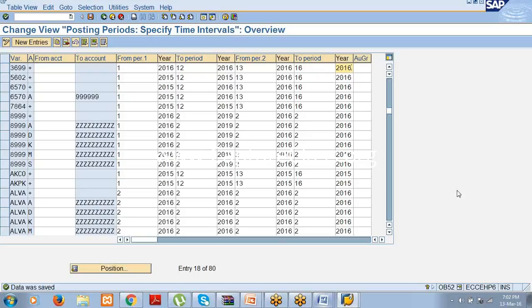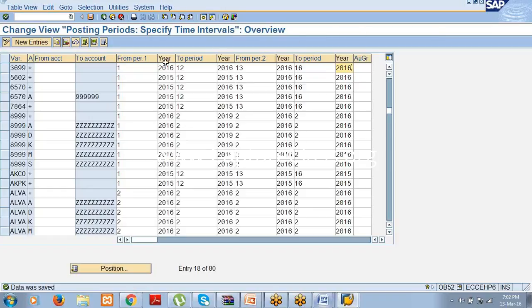So your fiscal year starts from April 2015 and ends with March 2016. In SAP, 2015-2016 is called fiscal year 2015. Do you agree? Yes, sir. So in India, we say the fiscal year is still 2015.